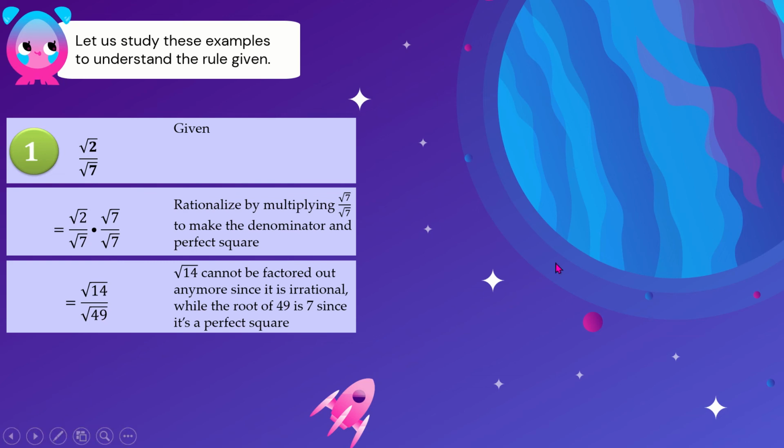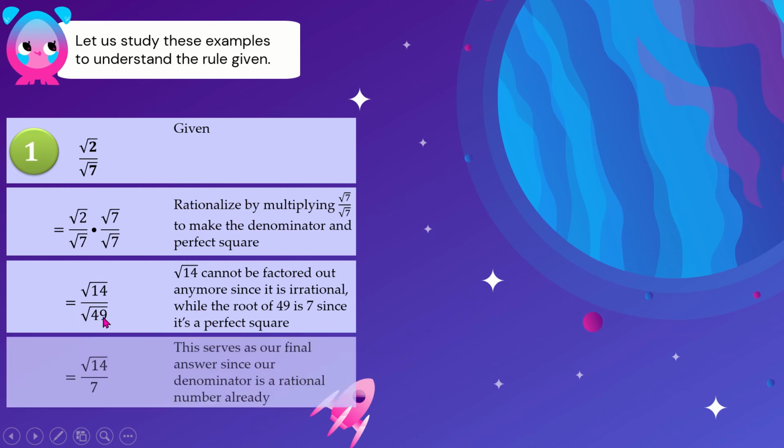So therefore, it is irrational. It remains square root of 14. While the square root of 49 is 7, since it's a perfect square. So this serves as our final answer, since our denominator is rational already.